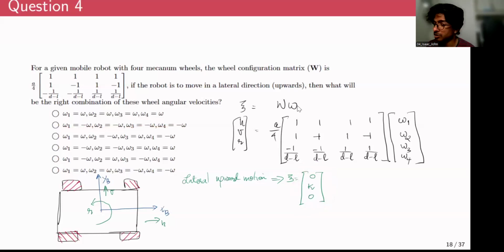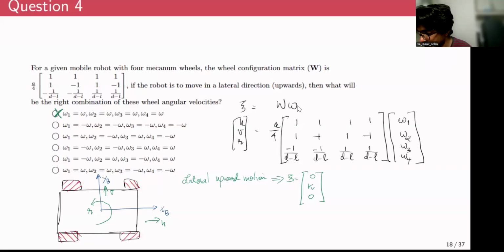Or you can try the process of elimination. The first option is omega 1, omega 2, omega 3, omega 4, all equal to omega. All are in the same direction and have the same magnitudes. If all the wheels have the same magnitude and direction, the mobile robot is going to move in the longitudinal direction. So we can eliminate this option.